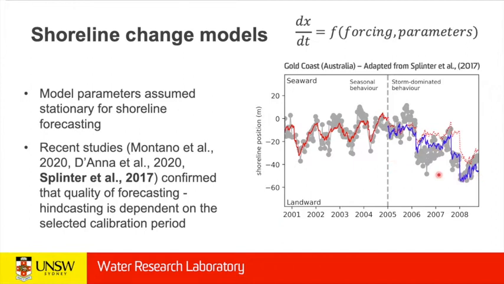Recent studies have an emerging consensus that the quality of forecasting and hindcasting is highly dependent on the selected calibration periods, and in particular on what the underlying wave climate is during that period.